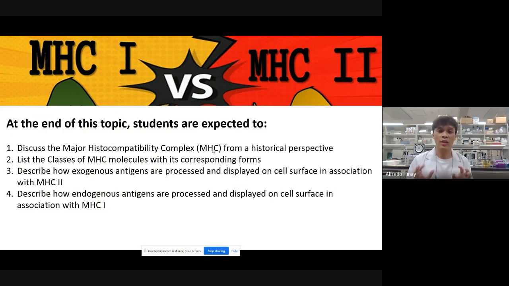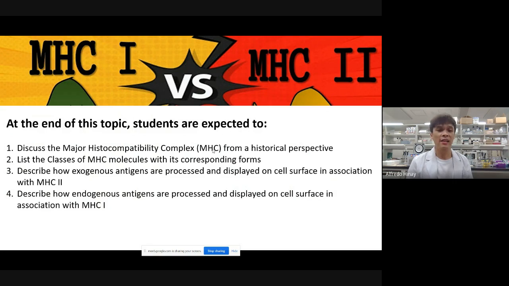So this will hit our objectives number 3 and number 4, which are: describe how exogenous antigens, those are extracellular organisms, are processed and displayed on a cell surface in association with your class 2, specifically the activation of which T cell, CD4 or CD8.